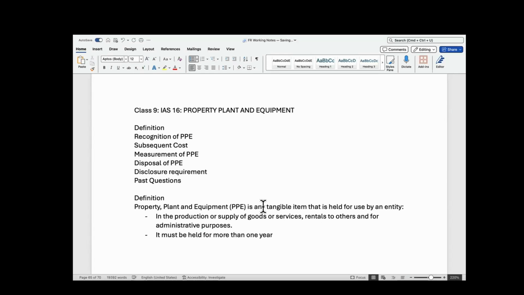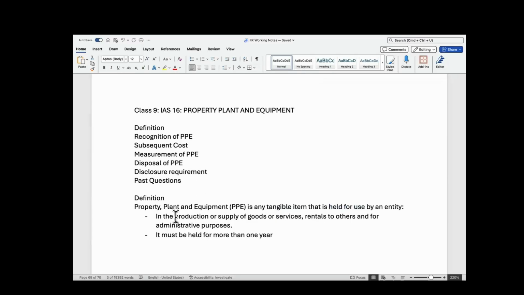Now, it's expected that we all know this definition. It says PPE is any tangible item. And everybody knows when we say something is tangible, it means something that you can physically touch. That's the tangibility there. So any tangible item that is held for use, in the sense that you don't have the intention of selling it. You are holding it to use it. And use it for what?